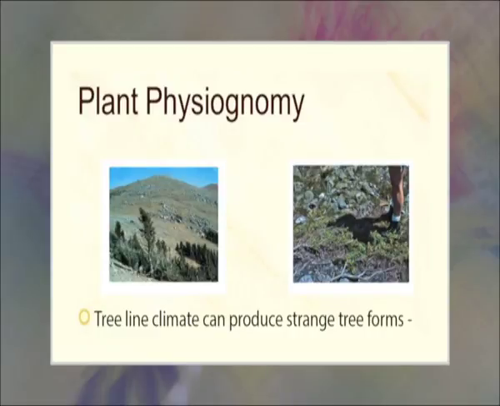Later, it became conventional that the term association referred to vegetation types characterized by floristic criteria, and the term formation referred to types characterized by physiognomy.